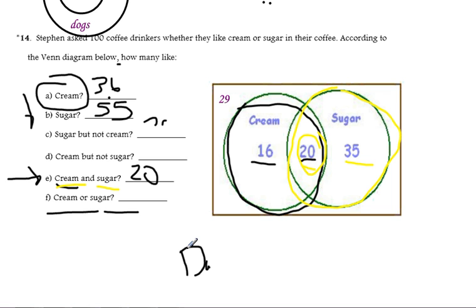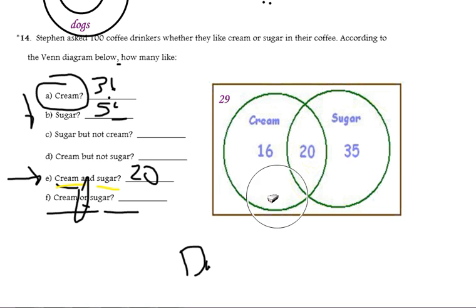Yes. Do I like both? Yes. But do I like one or the other? Yes. When you see the word or, you have to consider both scenarios: only cream, only sugar, and both cream and sugar. So when you see the word or, you have to account for everybody that likes one, the other, or both.